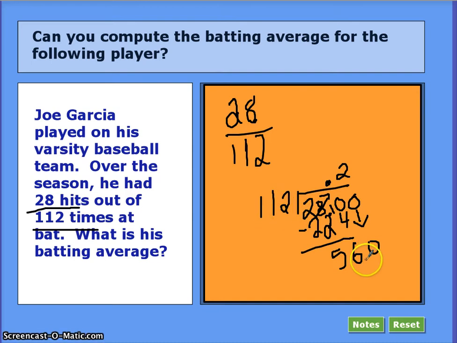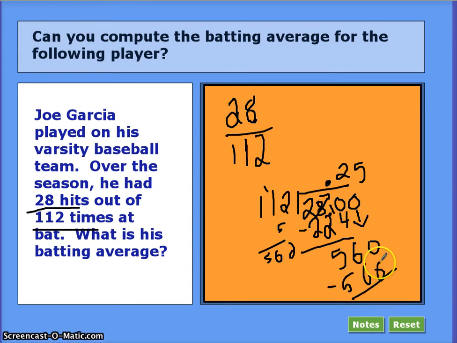112 can fit into 560. Well, I know 100 times 5 is 500. 12 times 5 is 60, so 112 times 5 should be 560 as well. Let's double check. 112 times 5 is 560. So we're going to say minus 560. Oh, this pen's acting up.